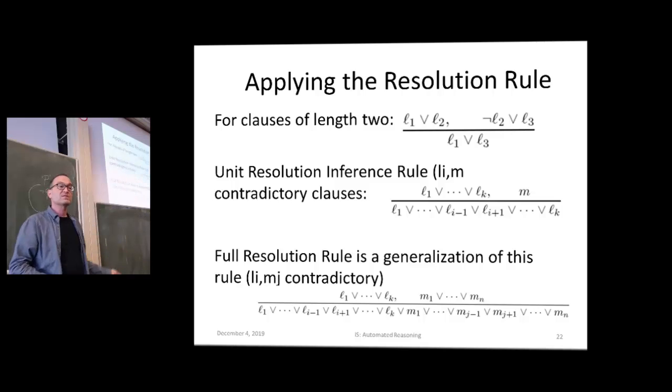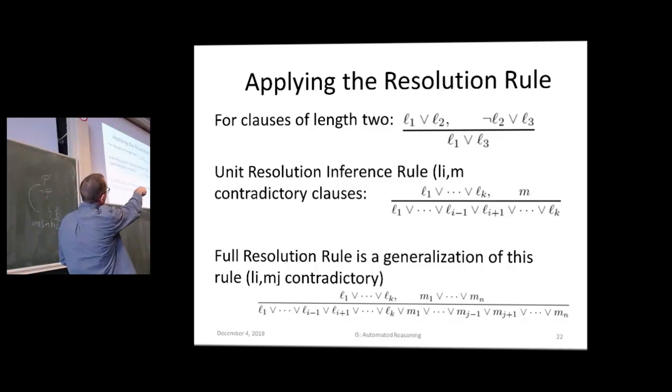There are some variants of this. So this was the rule that I showed before: if there is an L2 and a negation of L2 on literal level, if there is this contradiction, you just delete both L2 and the negation of L2 and add the rest to your set, namely L1 and L3. And there is a very powerful one, which is the same idea as we had in Davis-Putnam with the unit clauses.